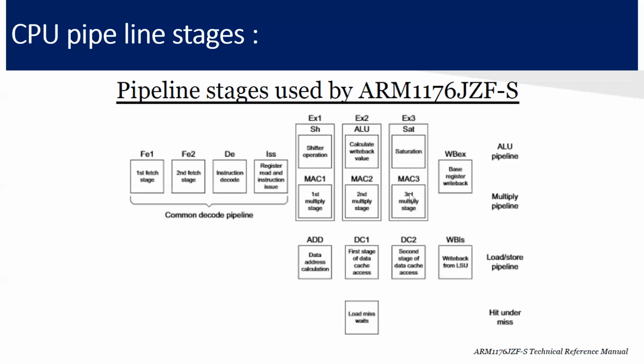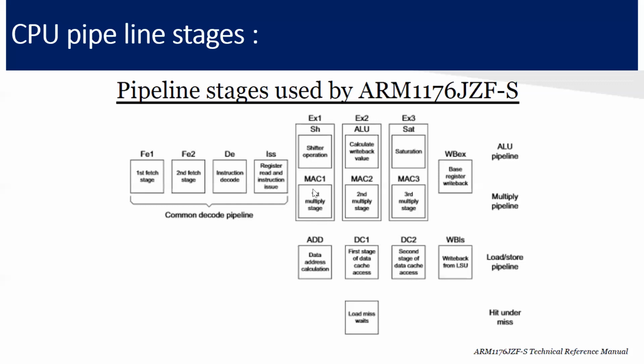So three stages have been used here. Different types of pipelines, as you can see. A shift operation is always needed in such types of processing or computing, so a shift operation is provided here.